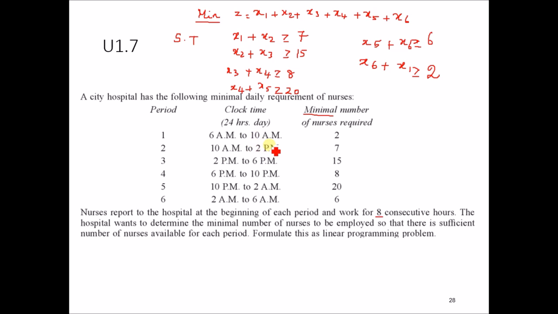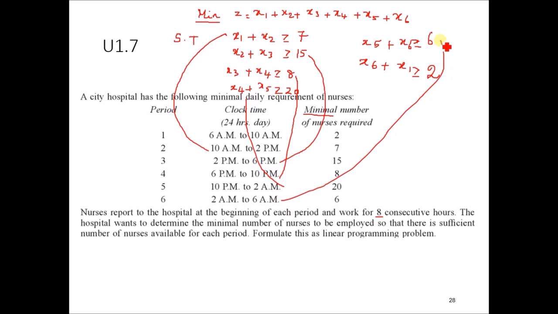So we can write the equations like x1 plus x2 greater than or equal to 7, x2 plus x3 greater than or equal to 15, x3 plus x4 greater than or equal to 8, x4 plus x5 greater than or equal to 20, x5 plus x6 greater than or equal to 6, and for the starting value, 6 a.m. to 10 a.m., x6 plus x1 greater than or equal to 2.